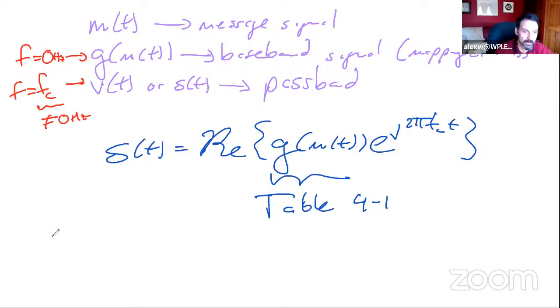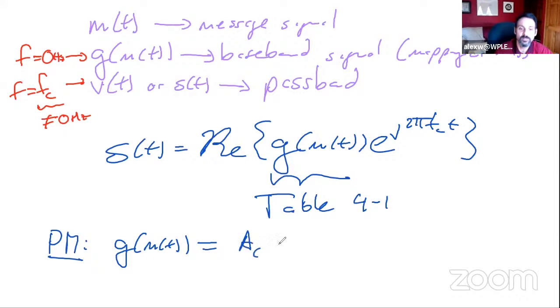For the case of PM, it's very easy. G of M of t is literally a constant times e to the j D_p times M of t. And I'm going to show in a minute how it looks as a phase.